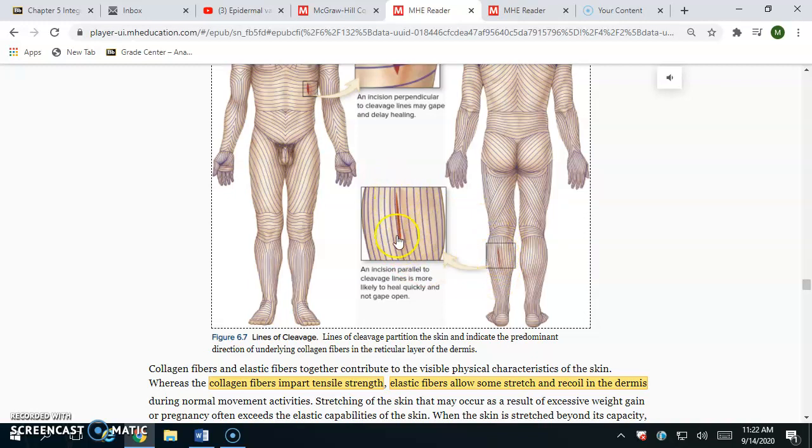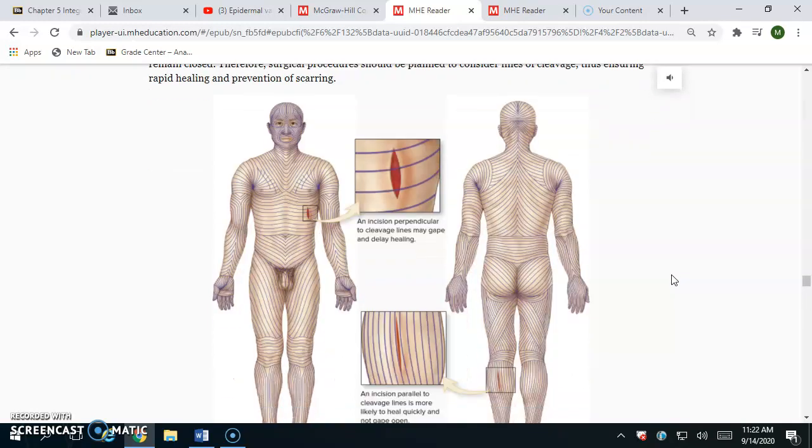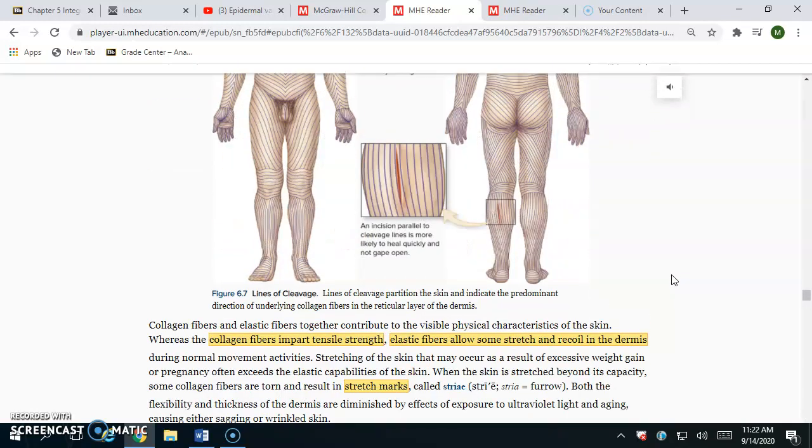And so that is more likely to have a more normal amount of wound healing time because those skin edges are close together and those parallel bundles are holding them together. So probably more going to heal more quickly. So that's the practical reason it's good to know about the lines of cleavage.